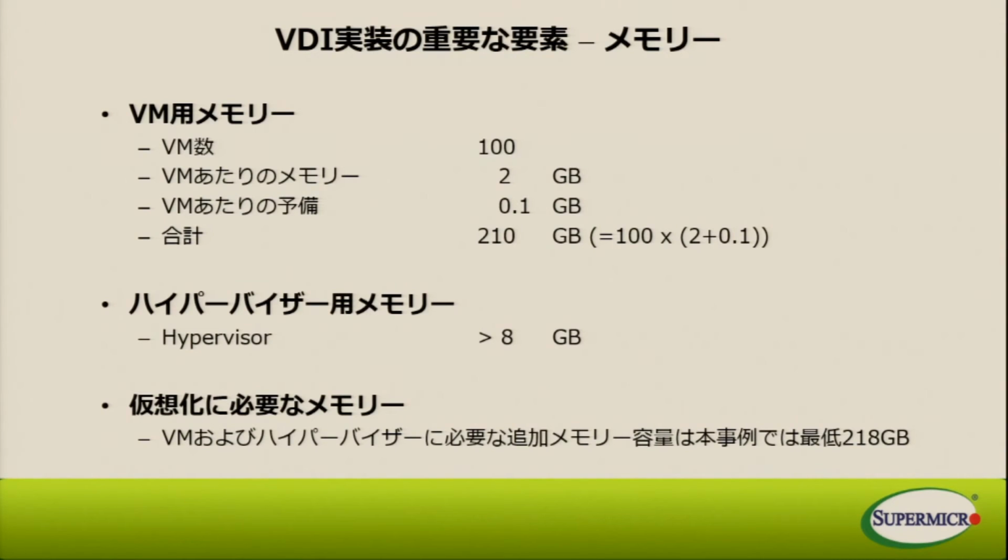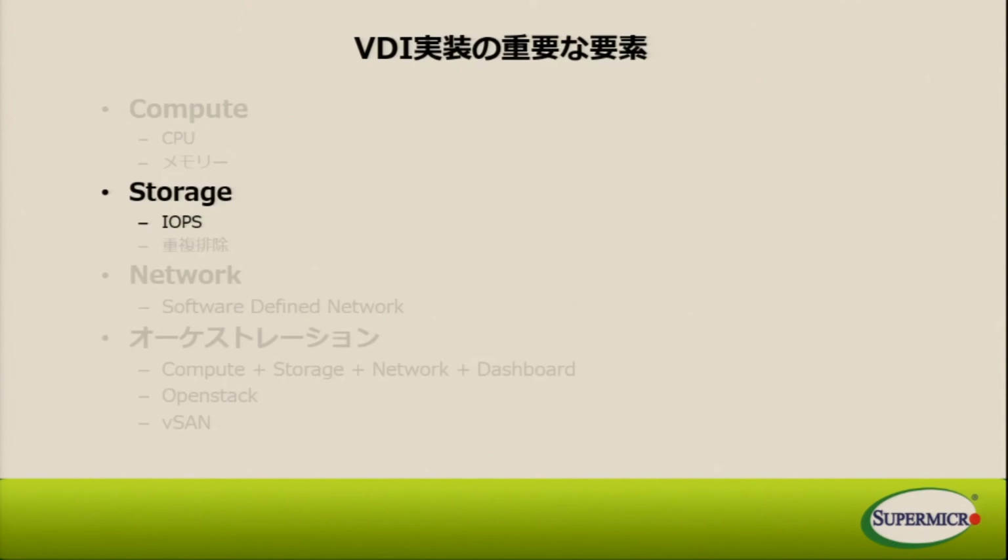You sum them up, and in this case, you need 218 gigabytes. So you probably want to prepare 256 gigabytes in the system for VDI application. If every virtual machine's memory goes up to 4 gigabytes, you probably want to double this amount to 512 gigabytes. All of this needs to be taken into consideration to provide a successful VDI application.